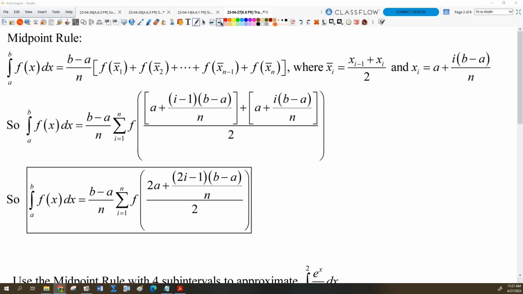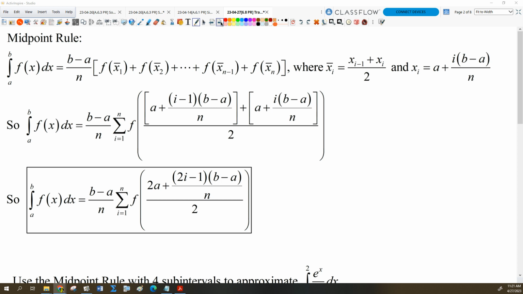When you put a bar over a quantity, it means average in math, right? So x1 bar, what's that mean? X1 bar just means the average value of the x's in the first subinterval. So you're just going to average the x value of the left and right edges of that subinterval. So if we take the ith subinterval, x sub i bar is just going to be, what is it?